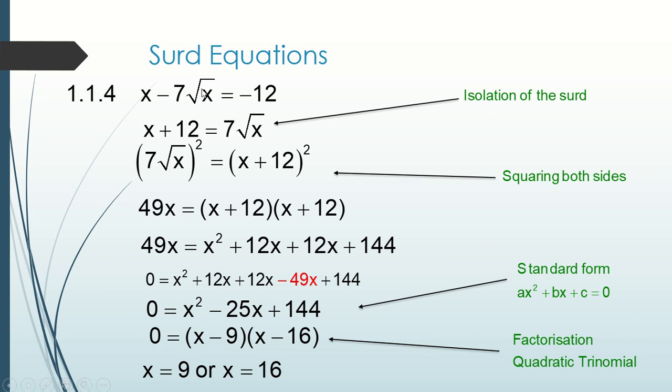Like if you substitute 9, square root of 9 is 3. So you will have 3 times negative 7, that is negative 21. And if you put 9 again here, that will be 9 minus 21, that would be minus 12. So 9 is fine, but 16 is the one that you are supposed to reject.